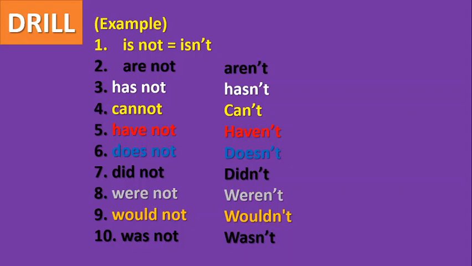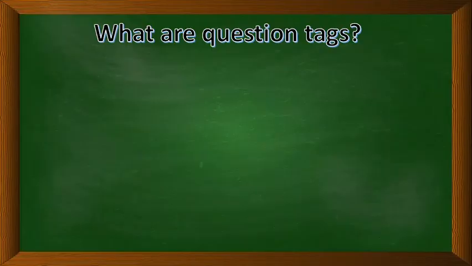So having this in mind, we'll now proceed to what question tags really are. What are question tags? Question tags are questions that are added to the end of a statement to checkmate the accuracy of the statement. You may be thinking to find out if what you have in mind is correct, but you are not too sure.